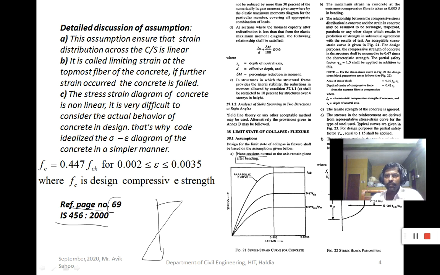Now the second assumption: the maximum strain in concrete at the outermost compression fiber is taken as 0.0035 in bending.